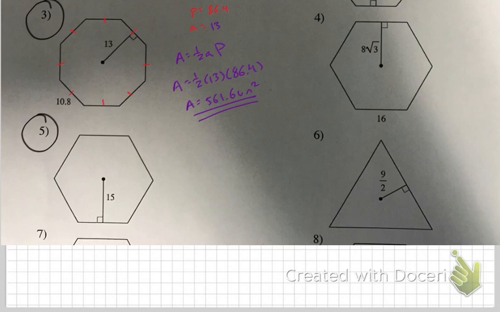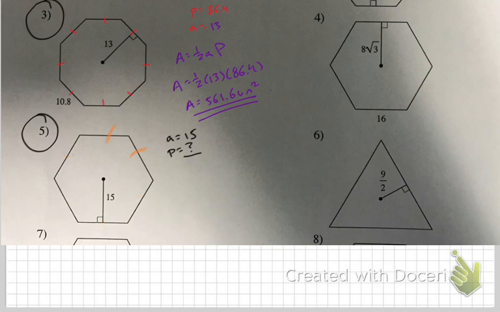Okay, so for number 5, yay, they gave us the apothem. However, we don't have the perimeter. We have to figure that out. Okay, so in order to figure out the perimeter, we're going to see if we can figure out the length of one of these sides. Now here's how this is done. Now remember, each one of these sides in this 1, 2, 3, 4, 5, 6, this hexagon, are all the same length.